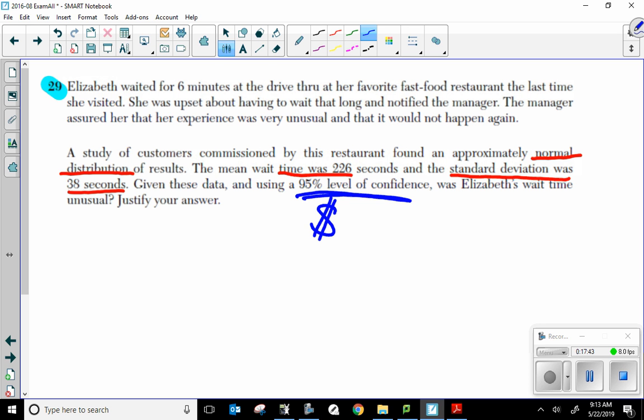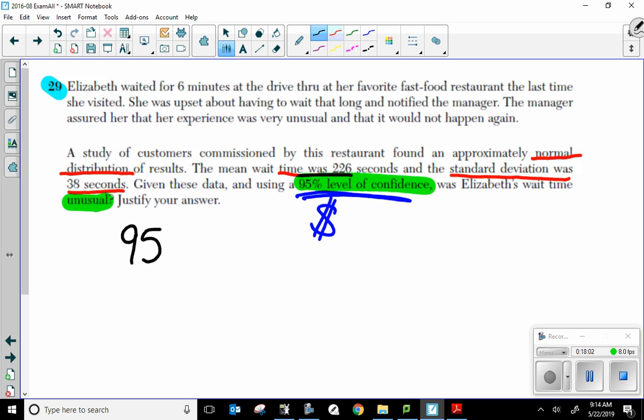Was Elizabeth's wait time unusual? I want this thing here. 95% confidence. Was it unusual?